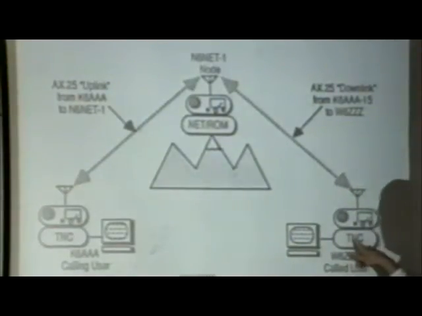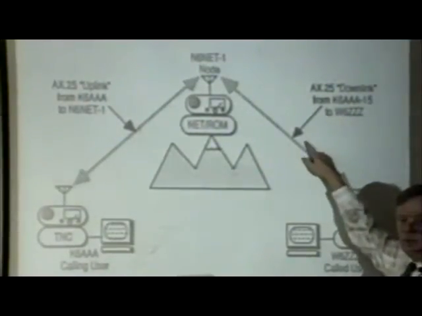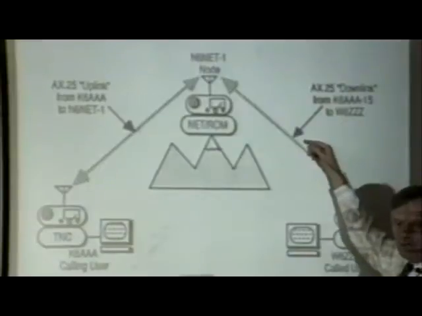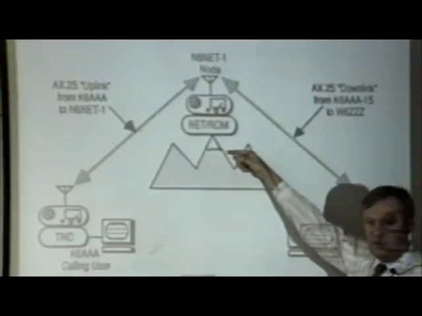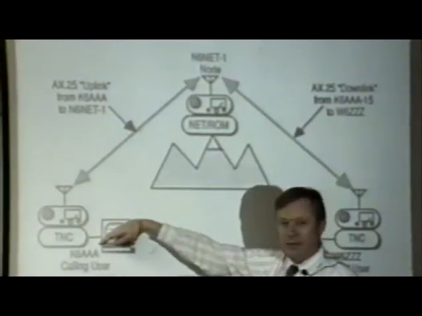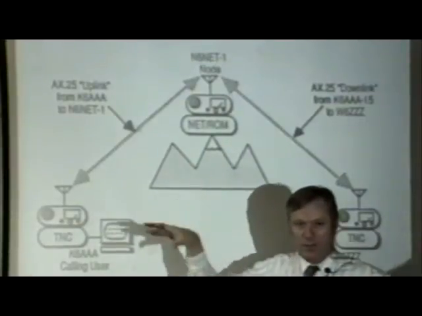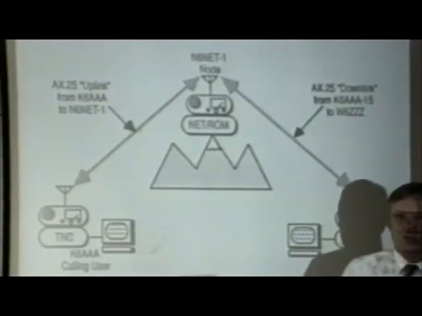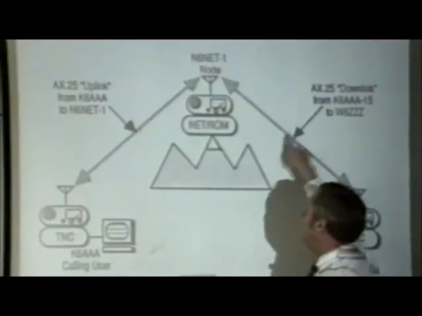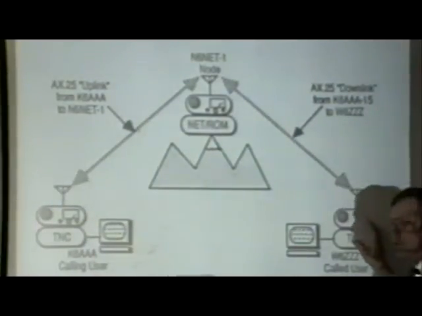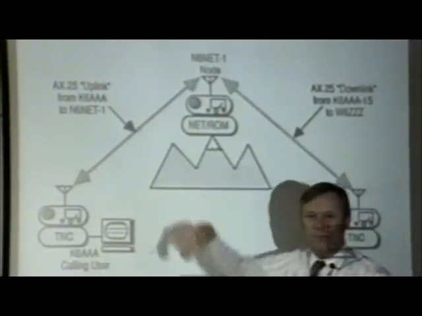The second node, all he knows is his dash 14 if we had two nodes, so he sends it to dash 14. Now the node here knows that he's got to send it to dash 15, and the node here knows that this guy has nothing. So they take care of all the SSIDs that way. What it amounts to is the path is set up, and the equipment knows going the other way, it's just the reverse.